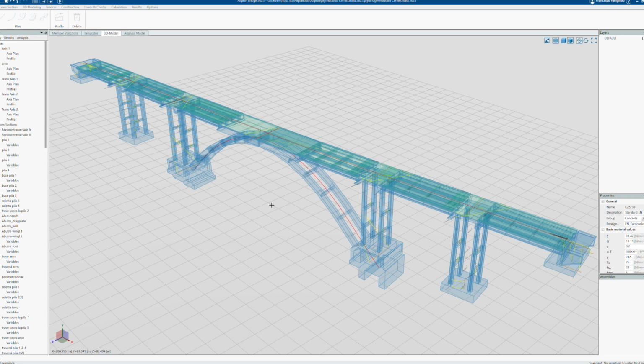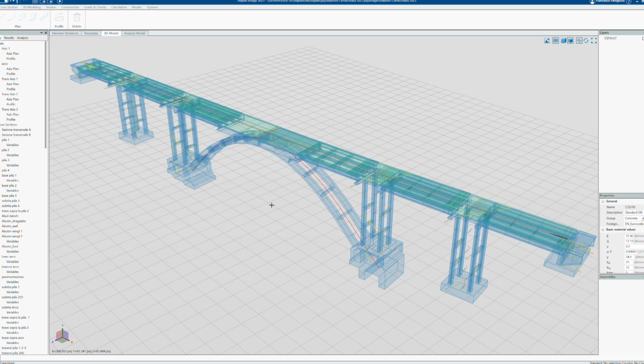This is the model of the viaduct realized in Allplan Bridge. You can clearly see the 6 terminal spans that rest on the 3D framed pylons, whereas the central span is made by a part connected structurally to the arch and 2 spans that rest partially on the arch and partially on the pylons.